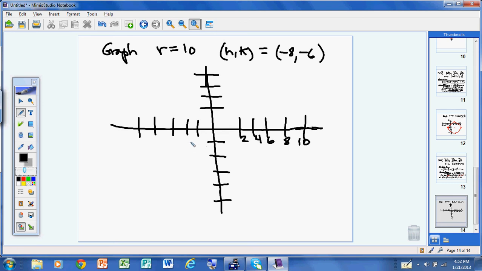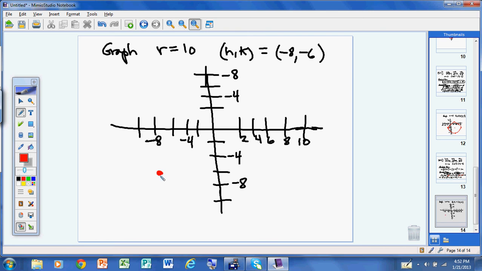And similarly here, this would be negative 4, negative 8. Okay, so where is negative 8, negative 6 at? Let's pick up our point here. It's going to be right here.